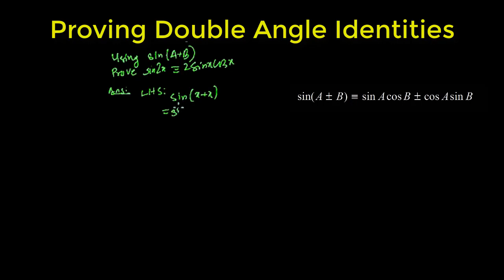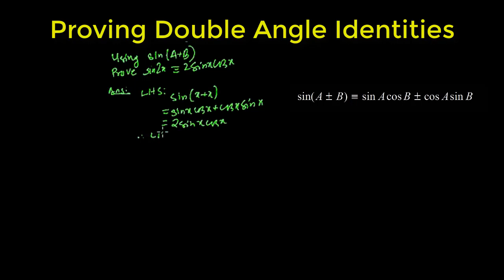I can write sine x cos x plus cos x sine x, and we know sine x cos x or cos x sine x, the same thing, just rearranged together. So if we add it up together, it will be 2 sine x cos x.